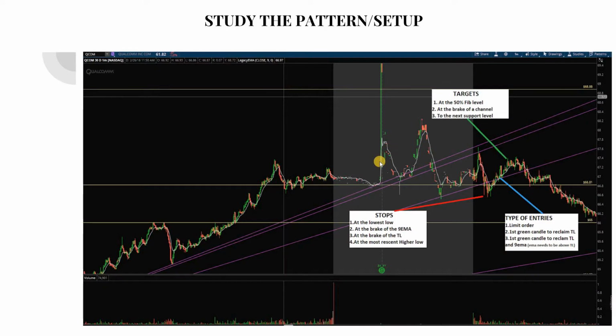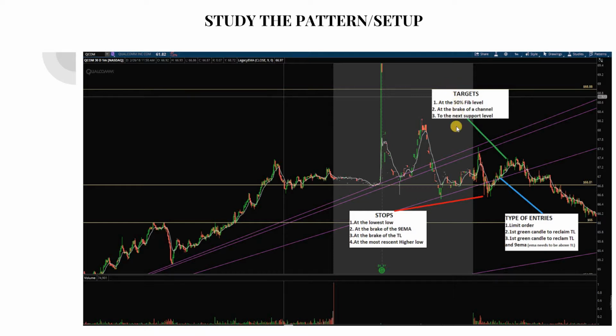So this is a picture of a setup that we're going to be backtesting, and basically what we're going to be looking for. As you guys can see, I have my types of entries, my stops, and my targets.